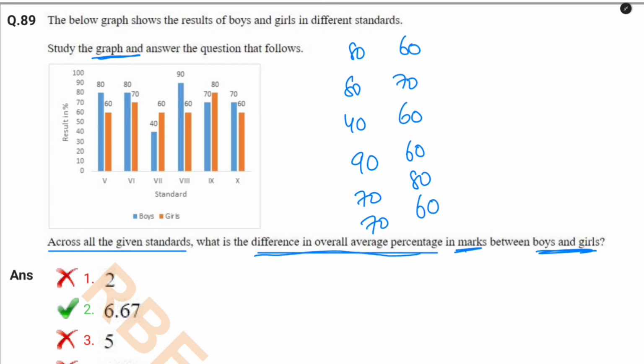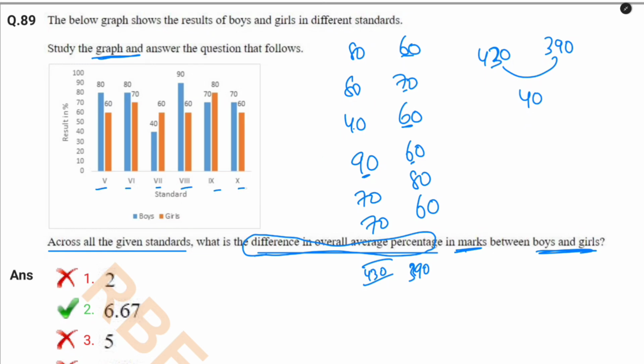We have to find the difference in overall percentage. 80 plus 80 is 160, 160 plus 40 is 200, 200 plus 90 is 290, 290 plus 140 will be 430. So this is boys. 60 plus 70 is 130, 130 plus 60 is 190, 190 plus 60 is 250, 250 plus 140 will be 390. So this is 430 and this is 390. The difference will be 40.